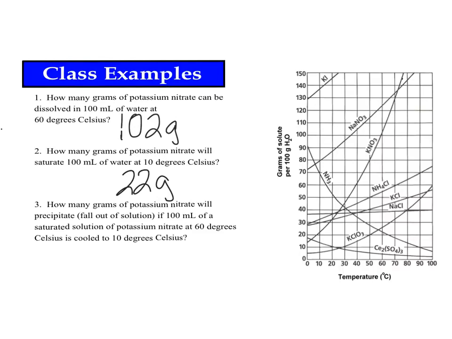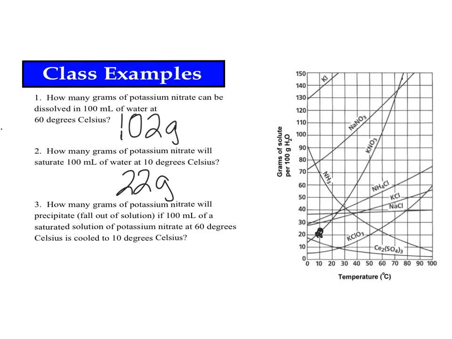So, thanks to question number 1, I know that when a 60 degree solution is saturated, it's 102 grams of potassium nitrate dissolved. When I cool that down to 10 degrees, though, based on my curve, I can only dissolve 22. That's what question 2 had me find.